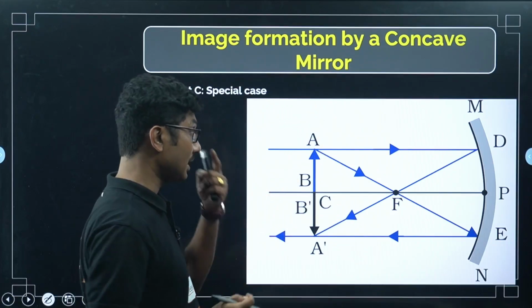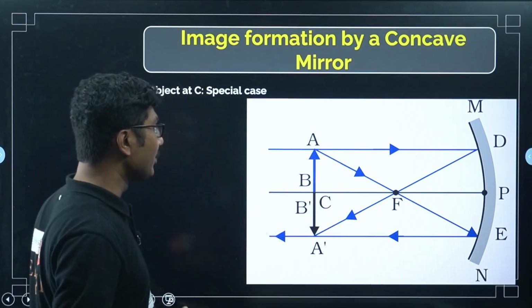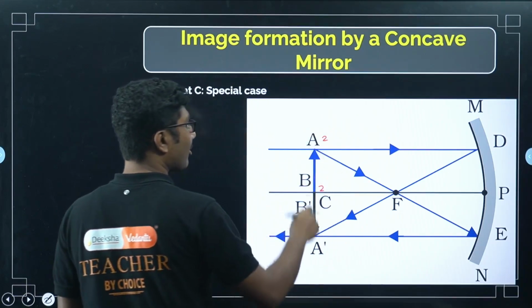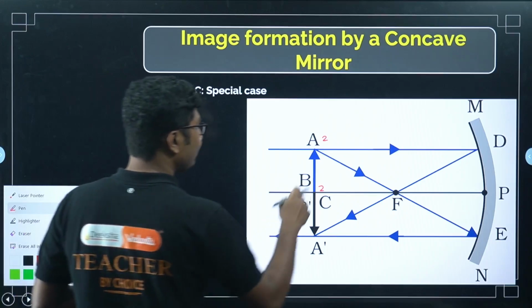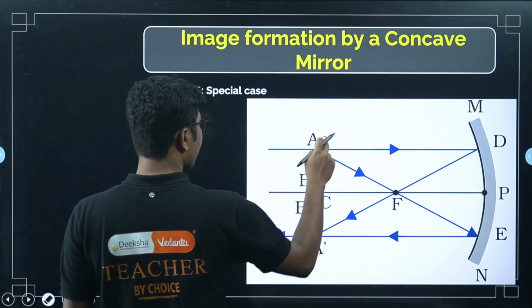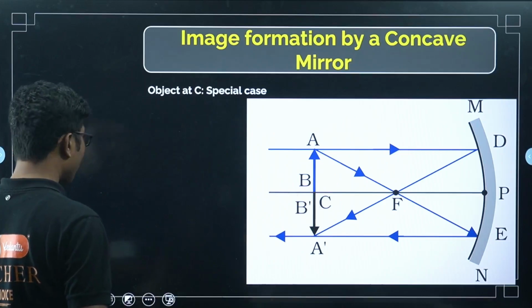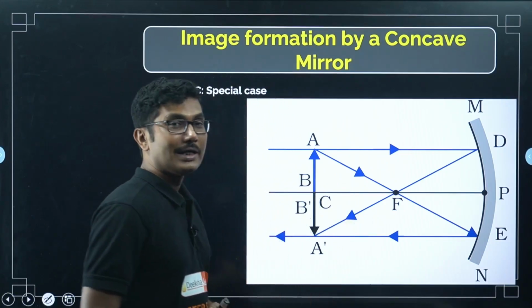This is a very special case because you cannot draw the second point, right? You remember I told you this was my second point. Now they are already on the same line, so you cannot draw that ray diagram. Also, even if you follow all the rules, you might not get the desired image.